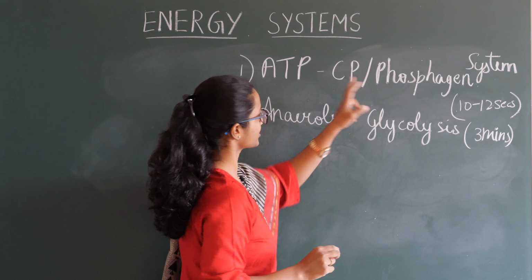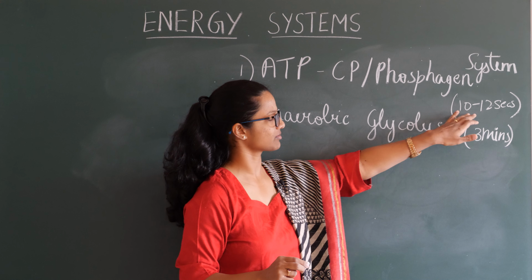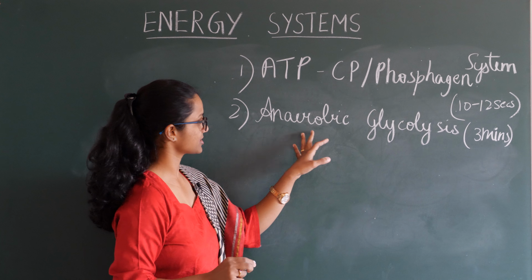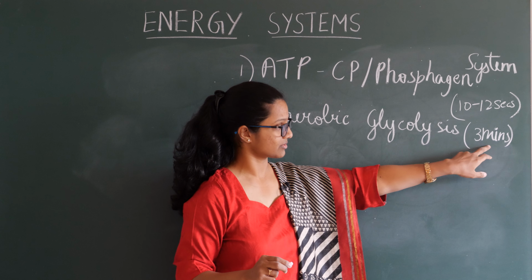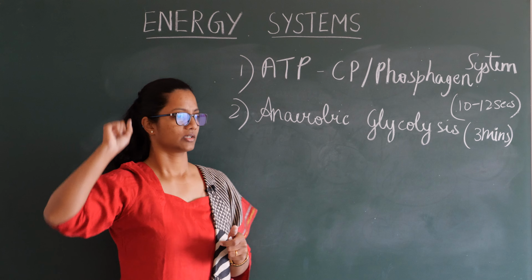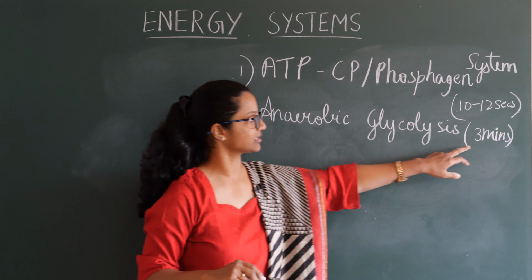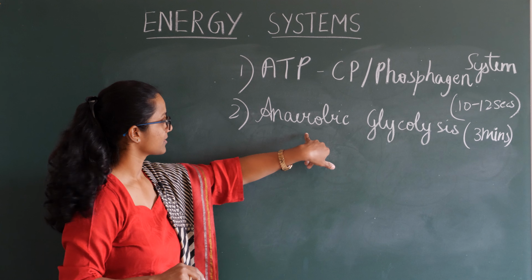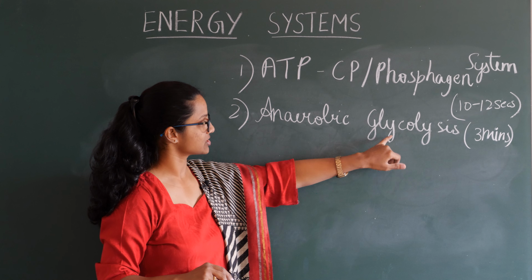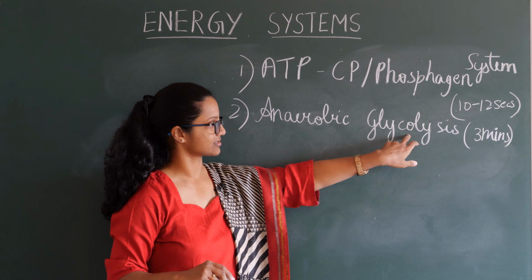The phosphagen cycle is from the start of the activity for around 10 to 12 seconds. This is from the start of the activity for around 3 minutes. I've completed the set within 3 minutes. Body produced energy through anaerobic glycolysis.